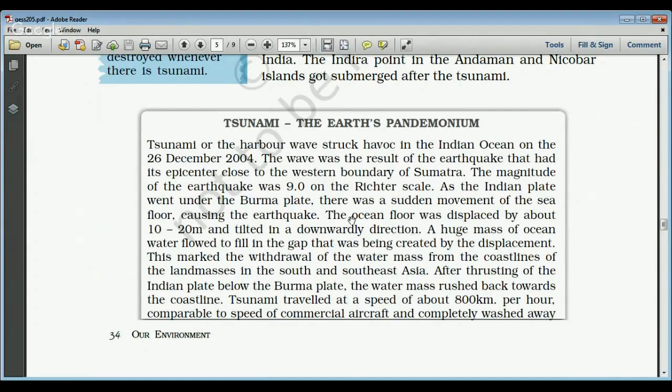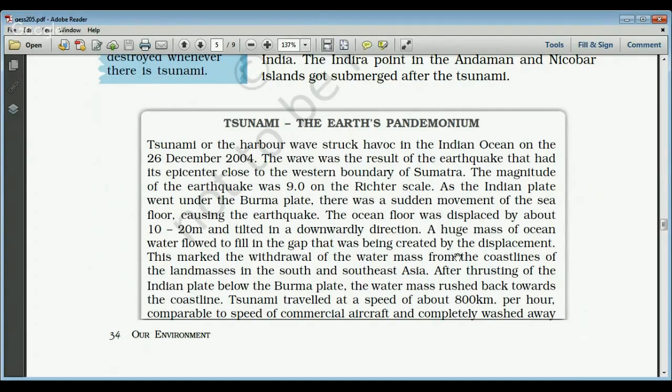And the Indian plate actually went under the Burma plate, and there was a sudden movement of the seafloor causing the earthquake. In this process, the ocean floor was displaced by about 10 to 20 meters and tilted in a downward direction. And then a huge mass of ocean water flowed to fill in the gap that was created by the displacement.